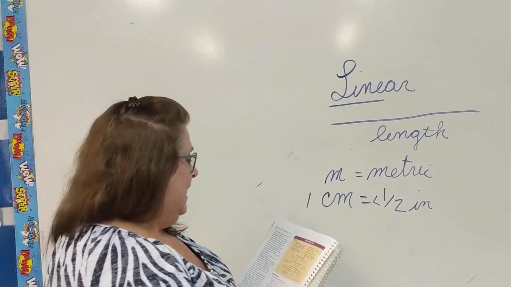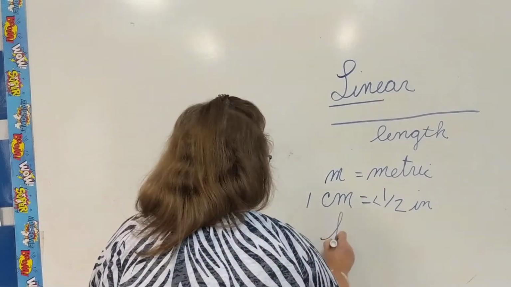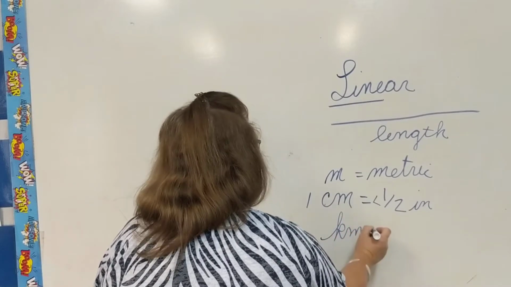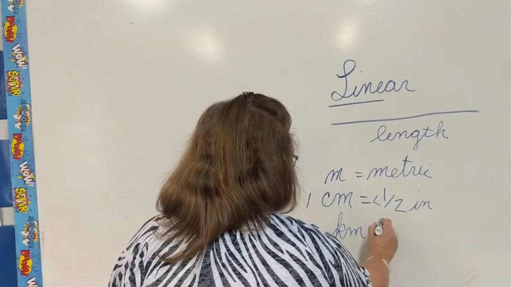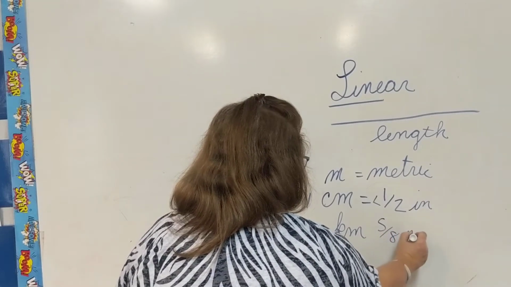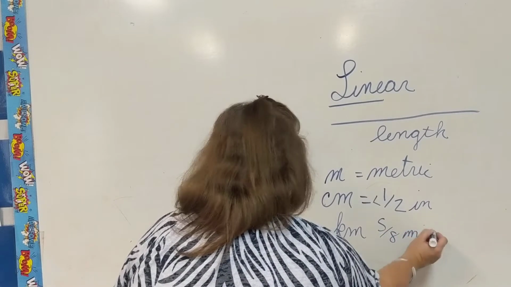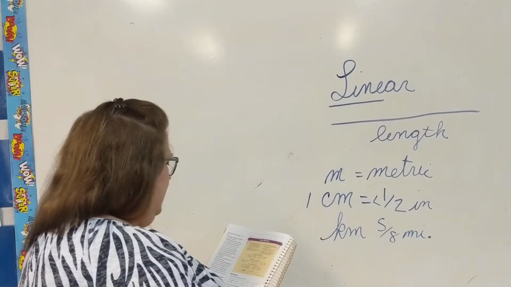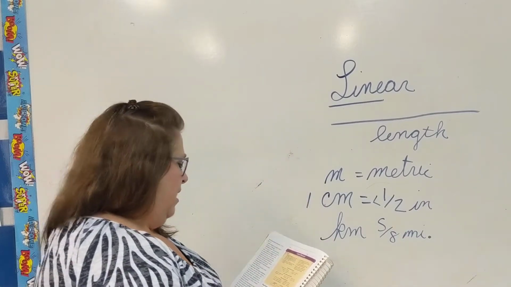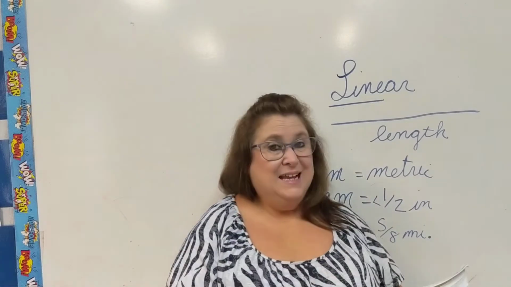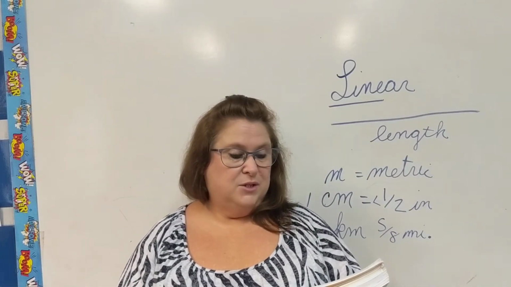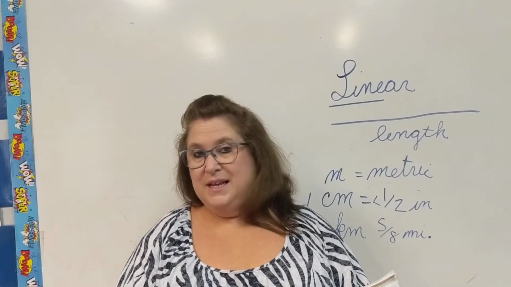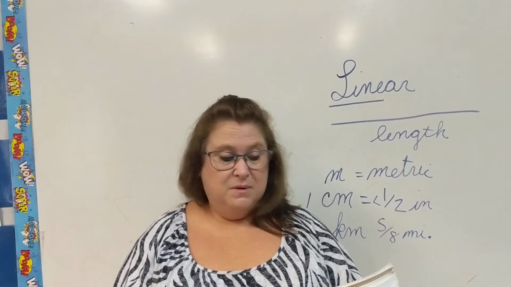And then a kilometer, these are the abbreviations I'm writing on the board. A kilometer is about 5/8 of a mile. Okay? And if you look right in the middle of your box, you see the English linear measures. 12 inches equals 1 foot, that is a must know. We see that 36 inches equals 1 yard, that is a must know.